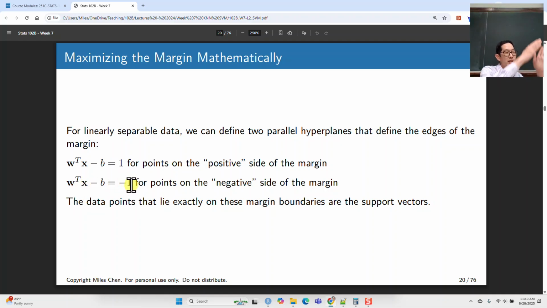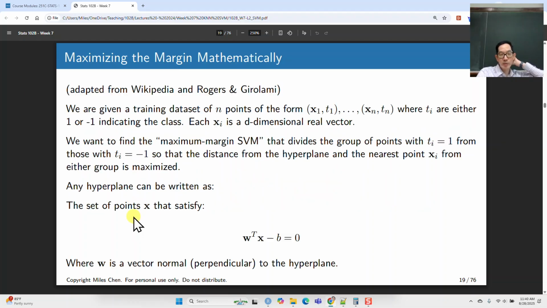These will define the parallel hyperplanes for either the positive side of the margin or the negative side of the margin, where the boundary is going to be in the middle, where W transpose X minus B is equal to 0. So you have a W that defines the direction, and then the set of all X that satisfy this will form the hyperplane.